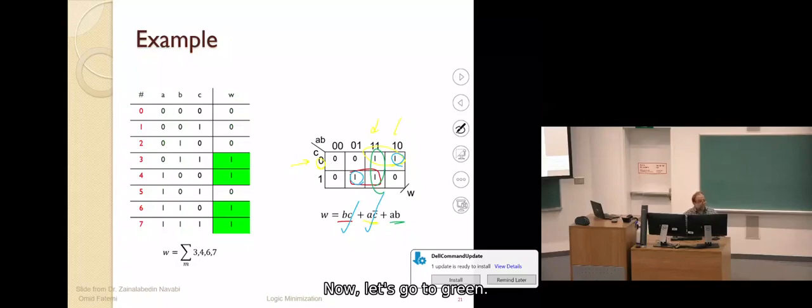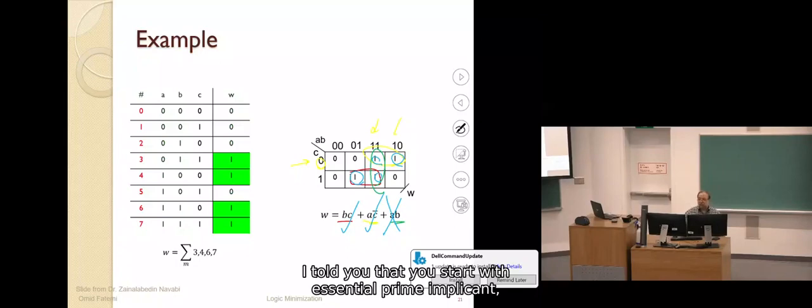Now let's go to green. Green is not essential because it has two terms, both of them covered by other implicants. So AB is not an essential prime implicant. Now, what did I tell you? I told you that you start with essential prime implicants, put them there, and see if there is anything left.